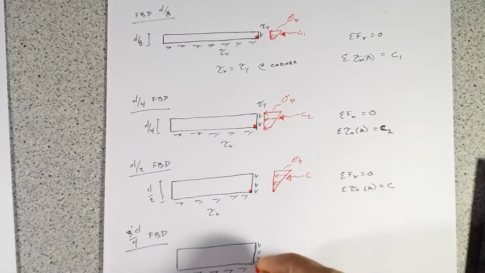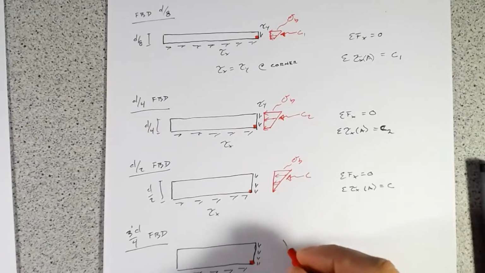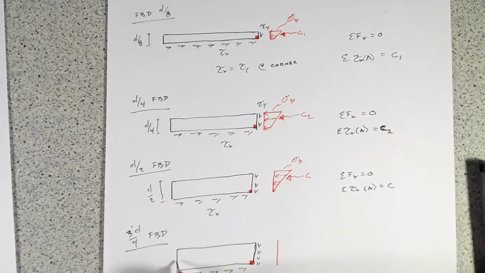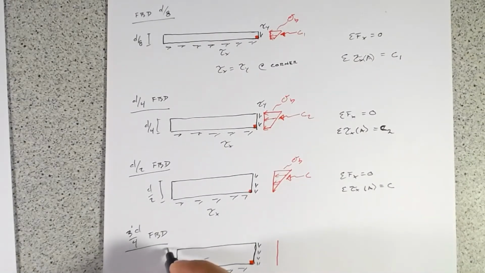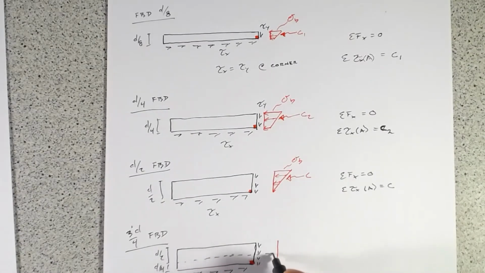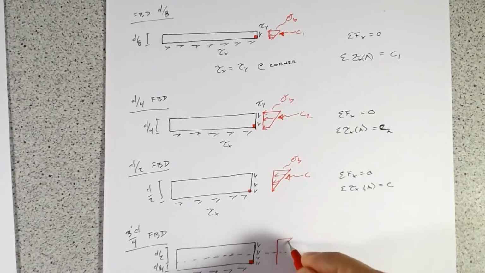We know they're equal at the corner and that little block. And then let's just draw our bending stress distribution. So if this is d over 2, and this is d over 4, so this is the location of our neutral axis, well, then we will have our compression block come down here, and we have a small bit in tension.